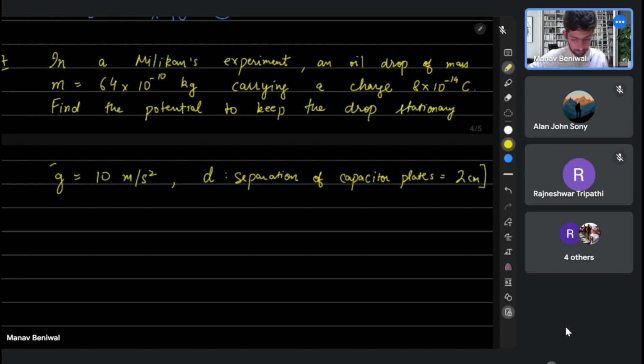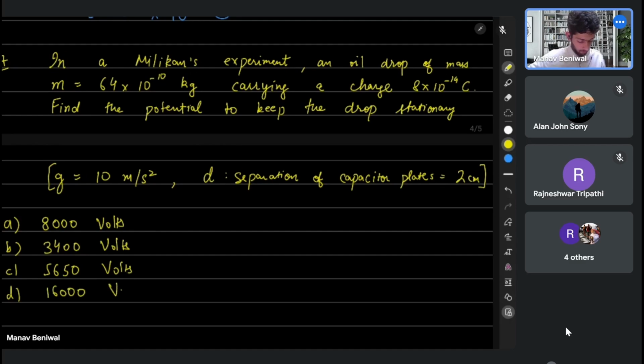Okay, and your options are 8000 volts, 3400 volts, 16,000 volts.